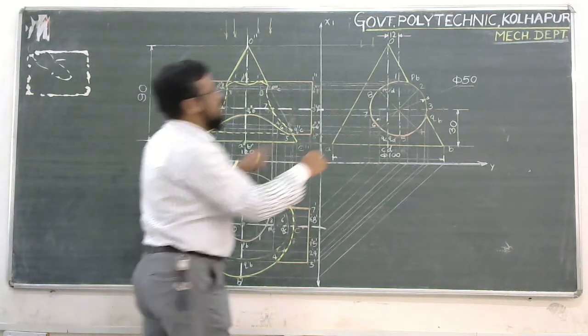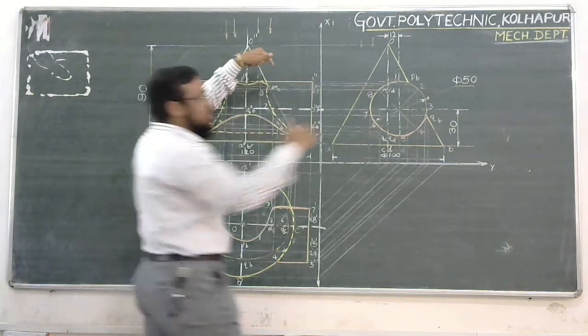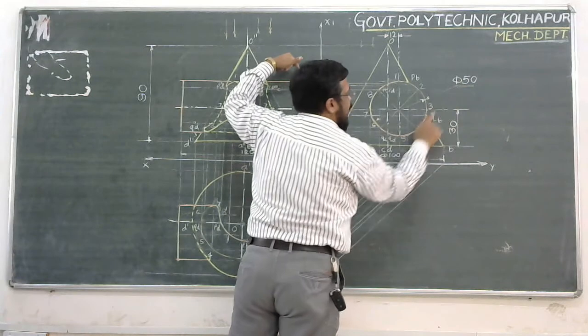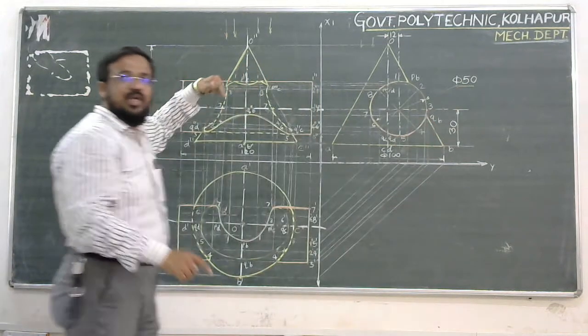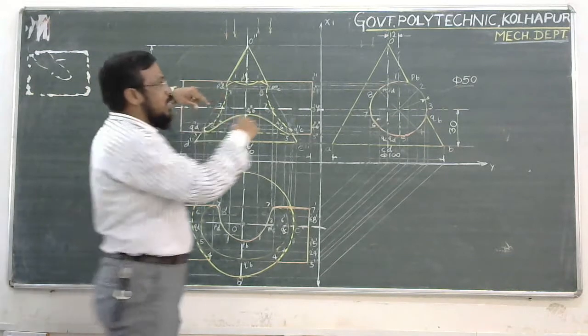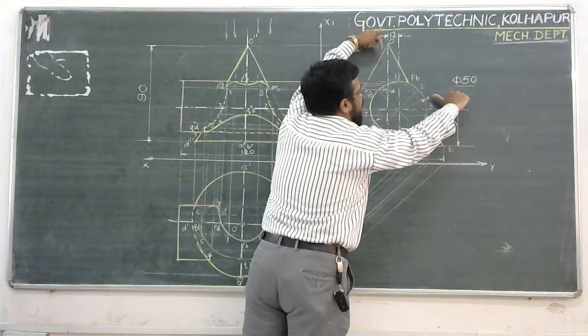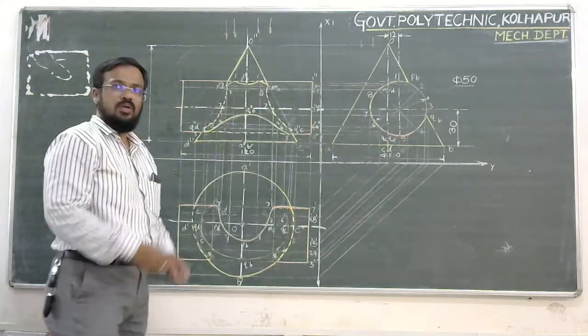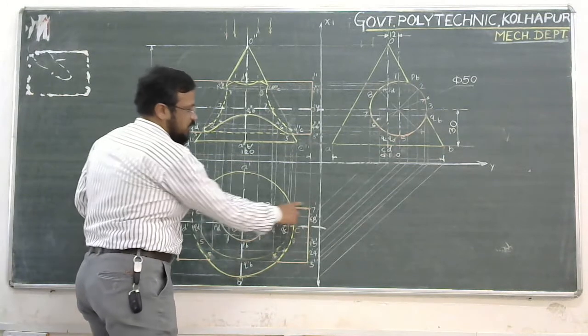Now, no doubt the observer is observing from the top, but for one more reference you can consider it by looking at this side. See, this edge is visible to you. This tree is visible to you. The tree is part of the cylinder. So when the observer observes from this direction, the portion of this cylinder which is visible is already drawn.